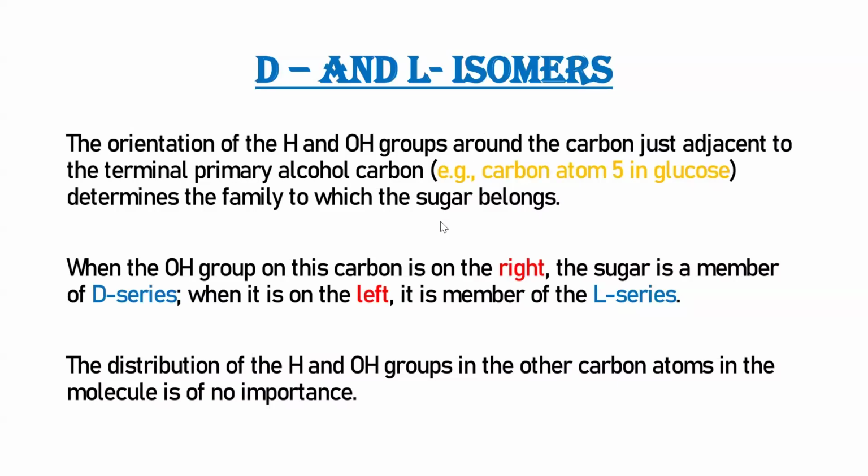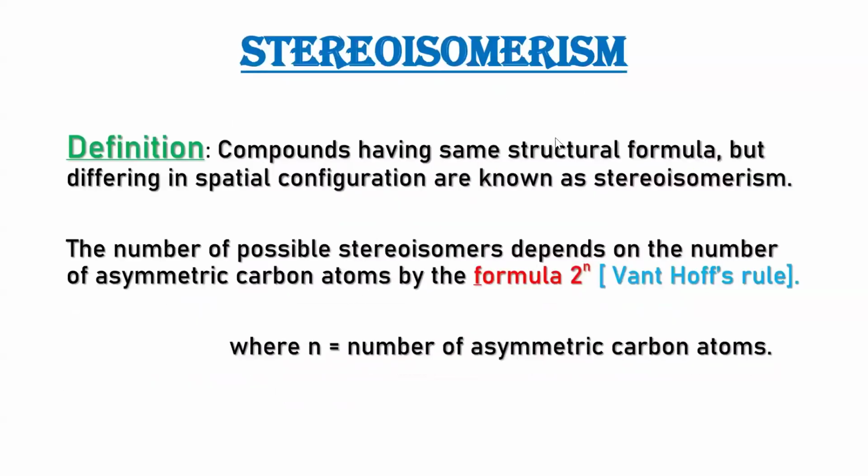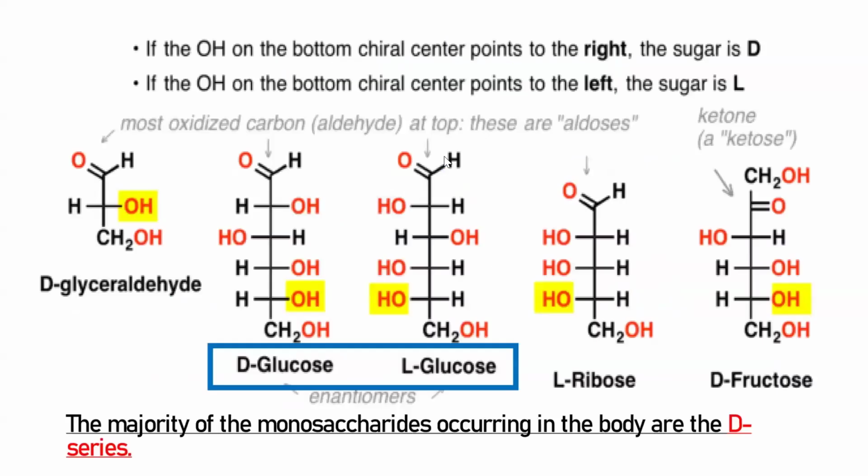It does not depend on the other carbon atoms, so they are of no importance. Now we are going to look at different compounds and how these compounds fall into the D and L series.